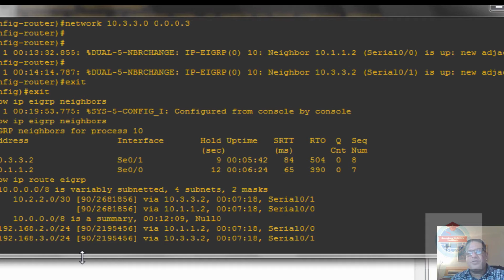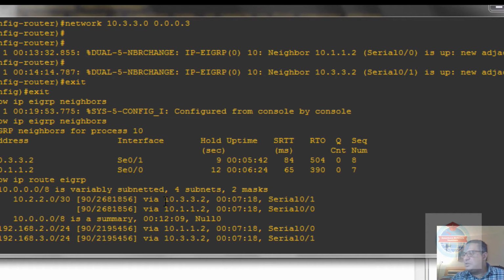Over here, you're going to see something interesting, guys. The most interesting part is that it got two ways from R1 to get to 10.2.2.0/30. That is the same as 255.255.255.252 for the reasons that I showed you before. And you wonder why we have this situation.